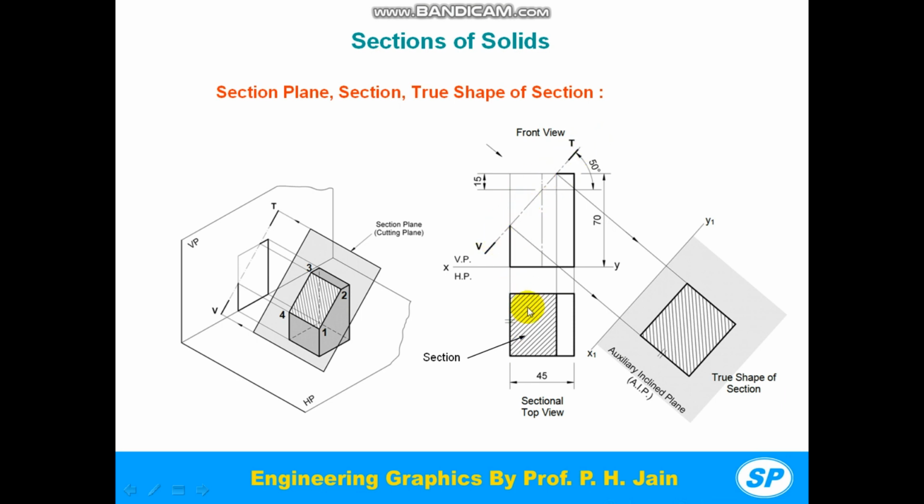In the top view we will see the section of this surface, but this is not the true shape of the section. The true shape will be seen when we view the section from a direction perpendicular to the cutting plane, meaning from this direction. From this direction we see its true shape, and it is drawn on an auxiliary inclined plane. So this is the true shape of this section.